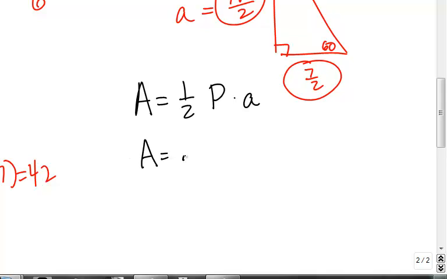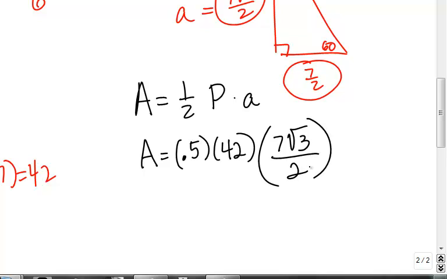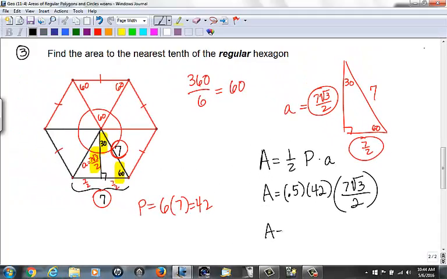So it would be 0.5 times the perimeter, 42, times the apothem, 7 radical 3 all over 2. Okay? And then multiply those out. You really don't have to store anything on that. You can go 0.5 times 42, and that's 21.